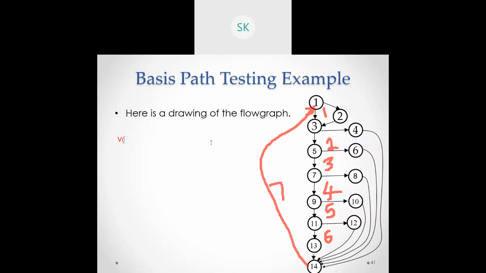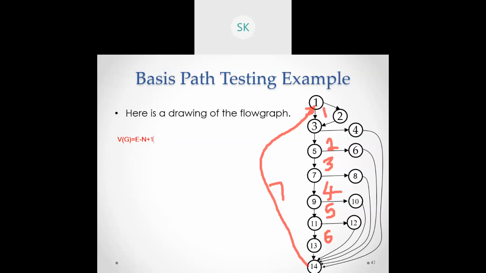V represents the cyclomatic complexity for the given flow graph, that is equal to E minus N plus 1 according to this particular graph.